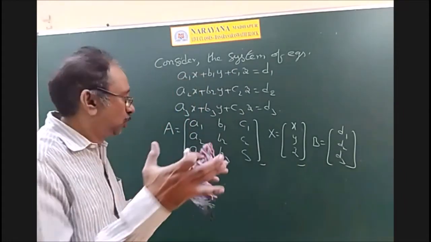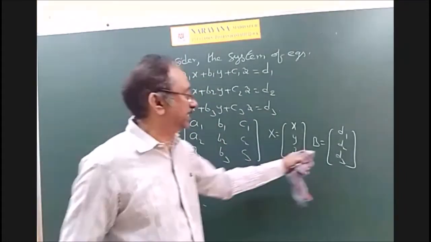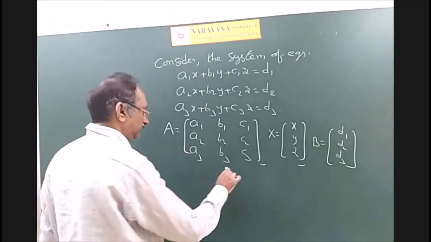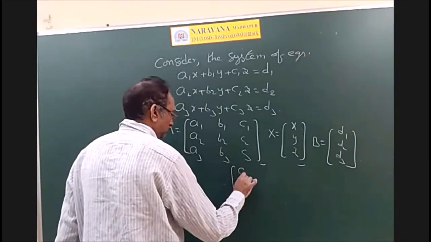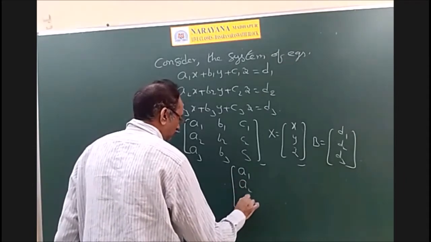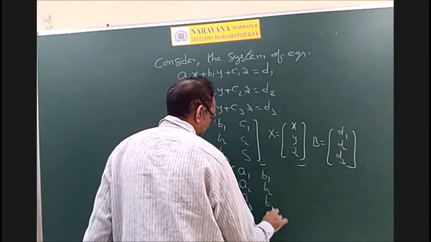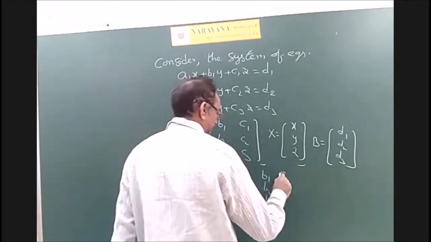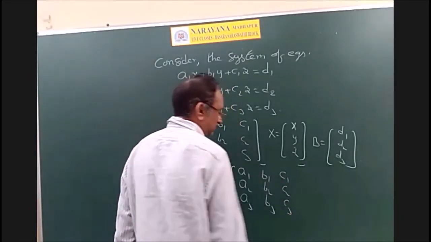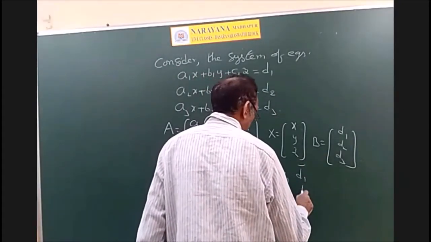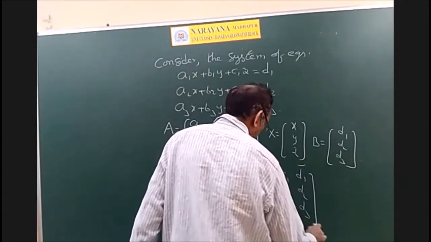Now we combine the coefficient matrix and constant matrix and prepare another matrix C. The first column is coefficients of X, the second column is coefficients of Y, the third column is coefficients of Z, and the fourth column is constants D1, D2, D3.